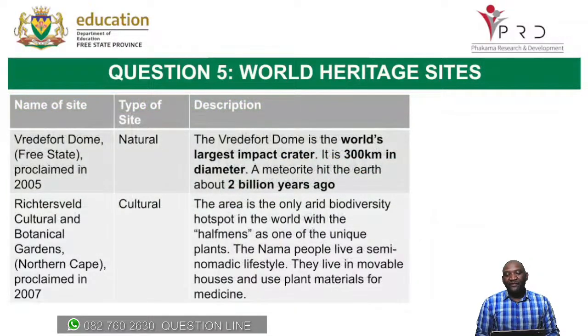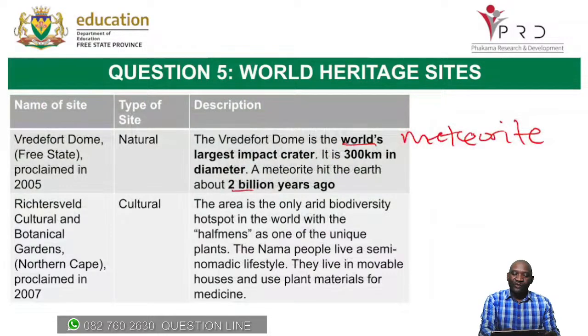Right, we also have the Vredefort Dome. This one is a crater. We believe that a meteorite collided against the Earth. That was almost 2 billion years ago. And then what did it do? It actually formed a crater.